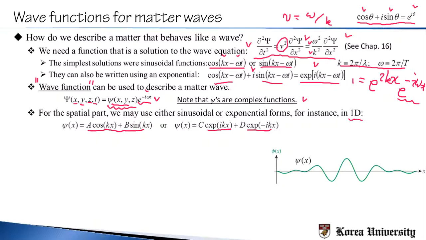If you properly combine these two, you can recover cosine and sine. Probably I will leave as your homework the relation between these constants a, b, and c, d. And finally they can represent some wave-like functions like this.